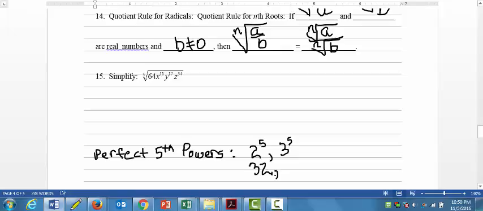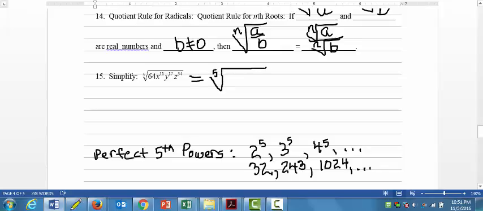Then we raise 3 to the 5th, which is 243. Then we raise 4 to the 5th, which is 1024. So these numbers get large really quickly.